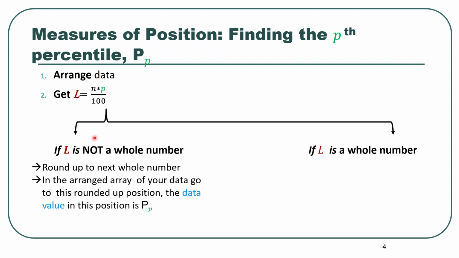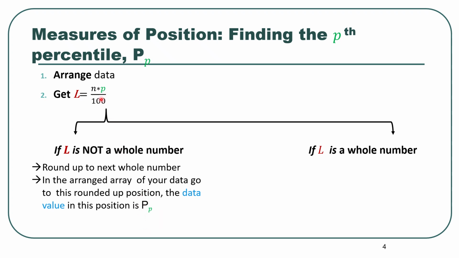So if the location is not a whole number, you round it up, and the value in the arranged array at that rounded up position would be the percentile you are searching for.